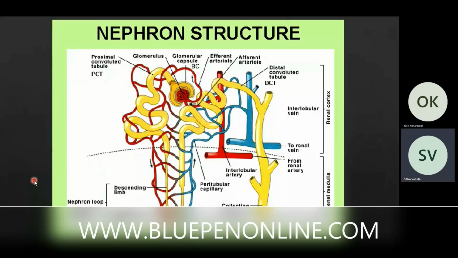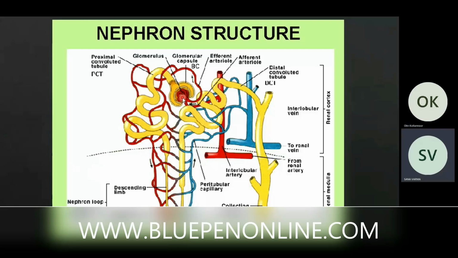Renal corpuscle contains the glomerulus and Bowman's capsule, and the renal tubule portion contains the proximal convoluted tubule or PCT, then the loop of Henle, then the distal convoluted tubule, and finally the collecting tubule. Loop of Henle is again divided into three: the descending limb, the hairpin turn, and the ascending limb.